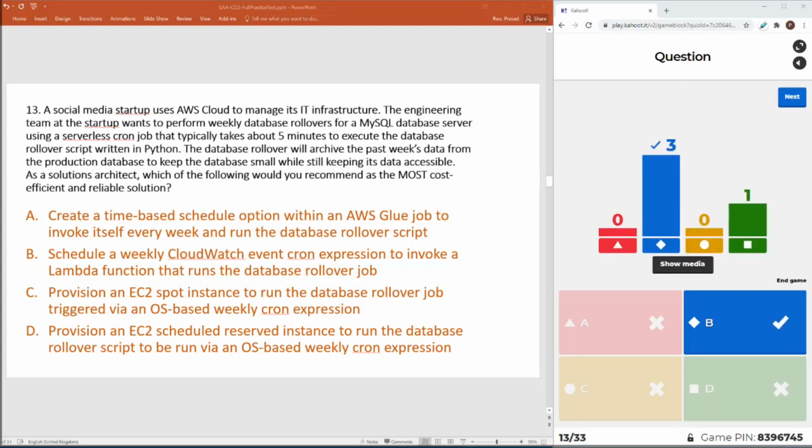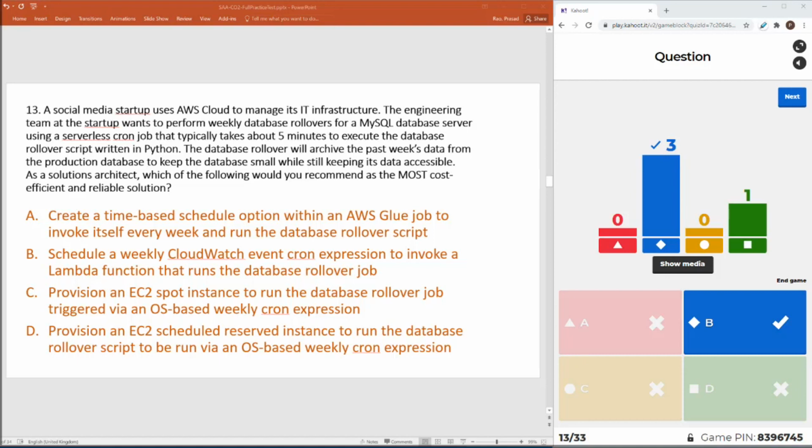Yeah, three of you got it right. It is the CloudWatch that you need to schedule, and Lambda can be invoked to perform the job. Using EC2 scheduled reserved instances is going to be too costly.